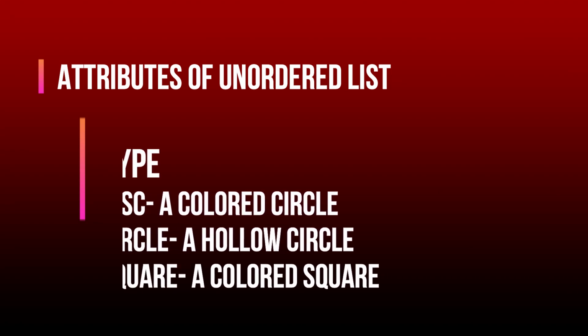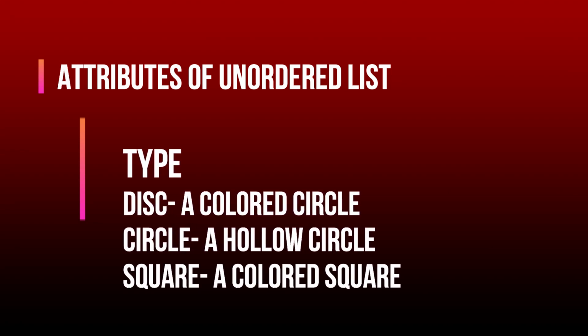The attribute values of type are disk, circle, and square. If I put disk, it will show me a black colored circle. If I write circle, it will show me a hollow circle. If I write square, it will show me a black colored square.